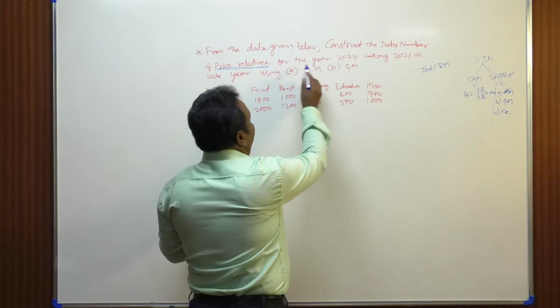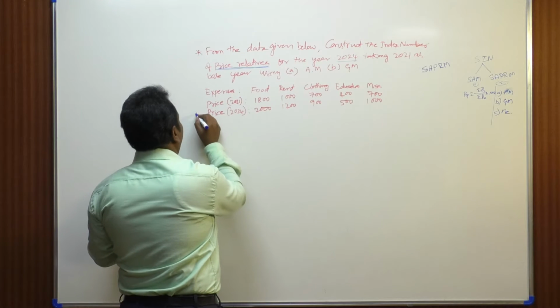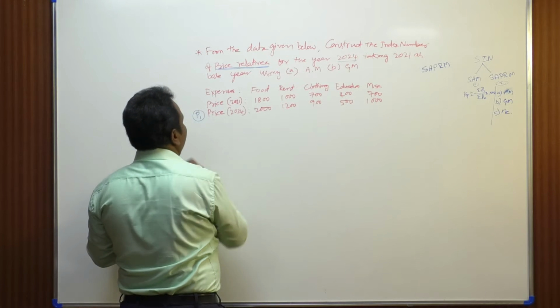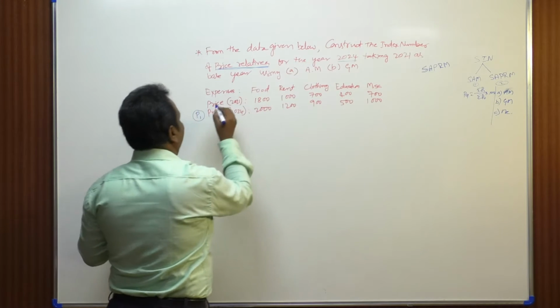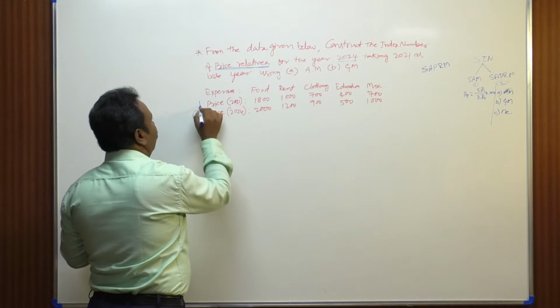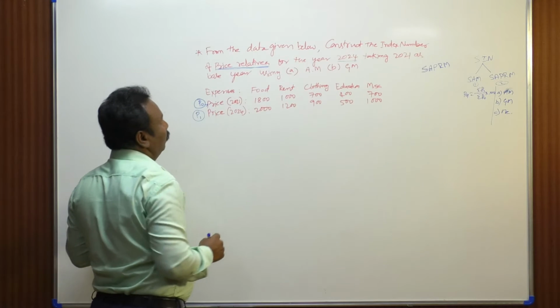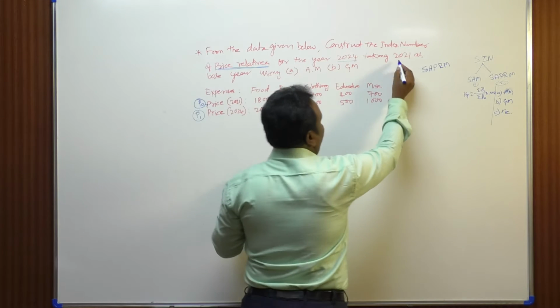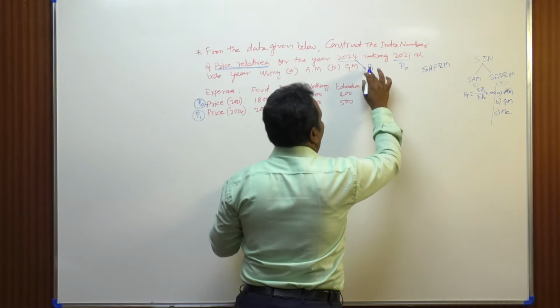For the year 2024, the present year, that is P1. Taking 2021 as the base year, that is called P0.